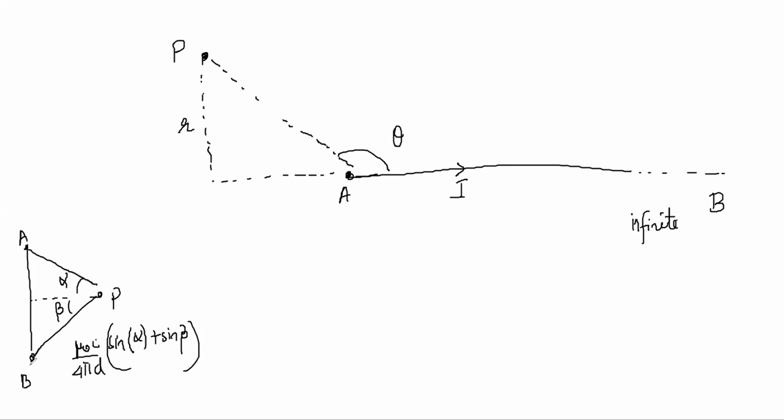So the angle of that point P with the other end would be nearly 0, right? That is correct. So sine 0 is 0? No, this angle is 90.